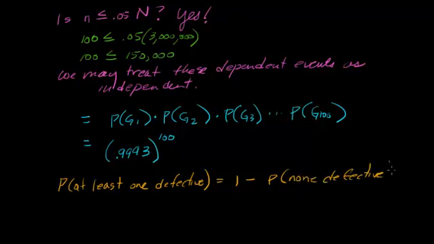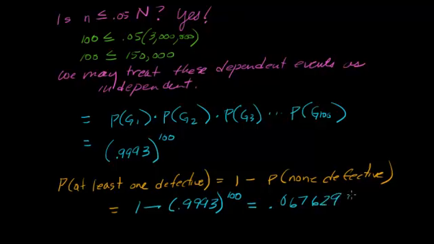And we just found that. They would be all good, right? So that equals 1 minus 0.9993 to the 100th power. I didn't really need this number here. Where I need it is in this calculation. Okay, so that results in 0.0676629, or say to 4 decimal places, 0.0676.